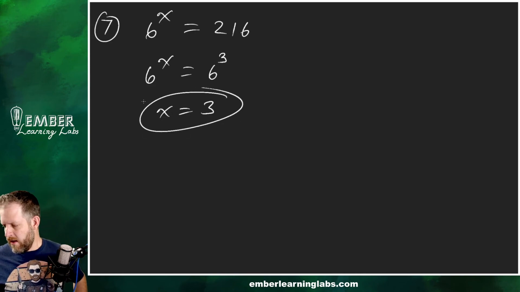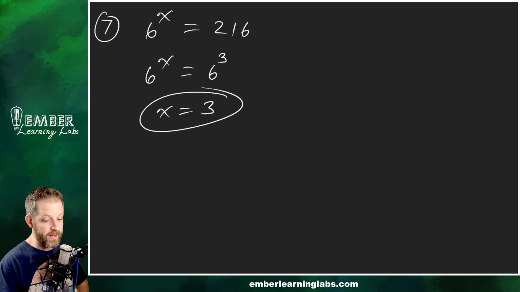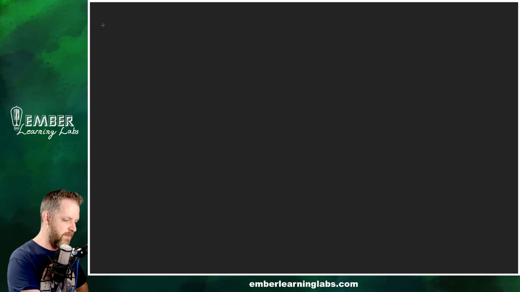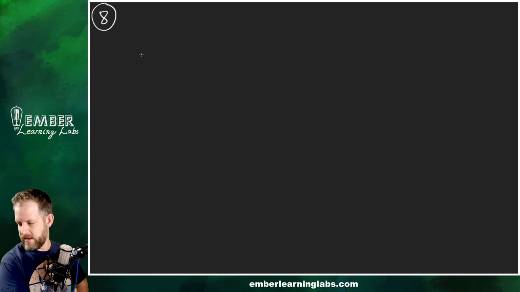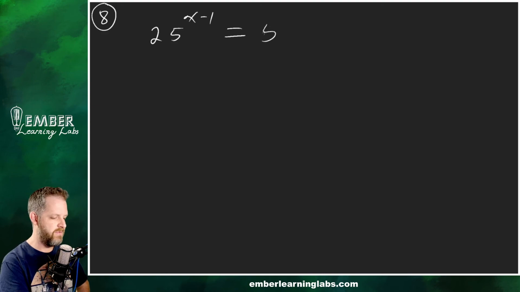Let's do another one. This one's going to be a little bit wilder, but we got this. We can do it. It's not going to be a problem. Example number 8 is 25 to the x minus 1 equals 5.